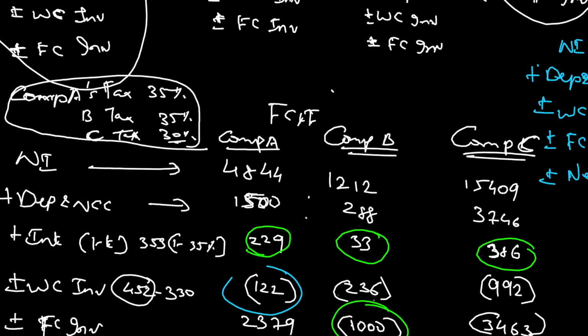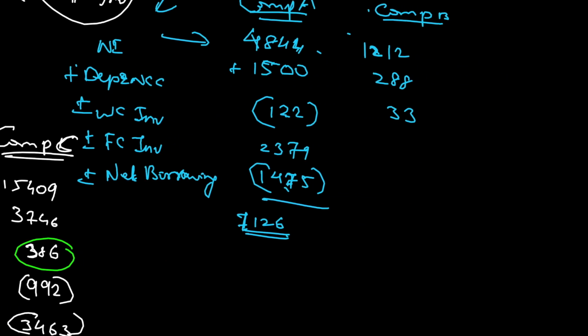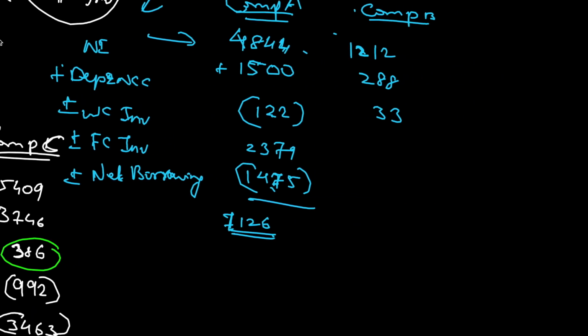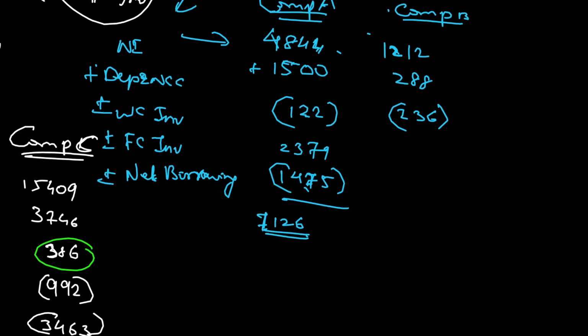Sorry, working capital investment is 236, not 33. That is interest. So 236 working capital, which was in minus. Okay, it is in minus 236.